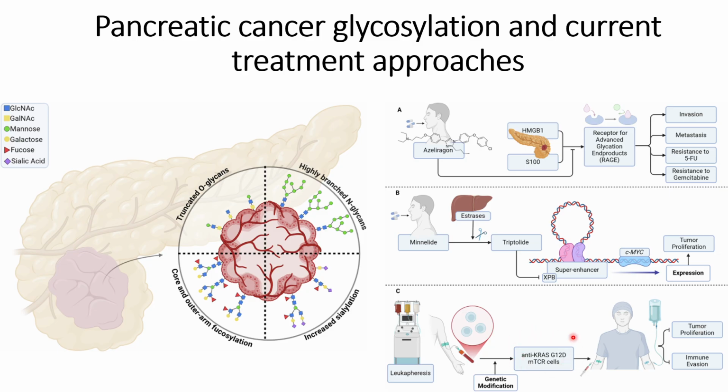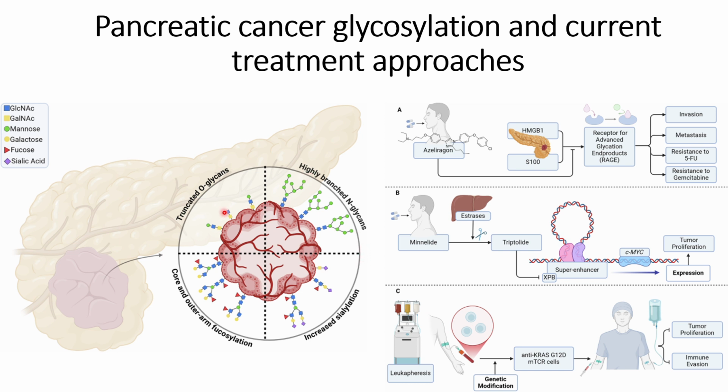Once they are genetically modified, they are transfused back into the patients. Since the T cells already have the receptors to target the pancreatic cancer cells, it will help in the suppression of tumor proliferation and immune evasion. These are the 3 main approaches that are mentioned in this paper.